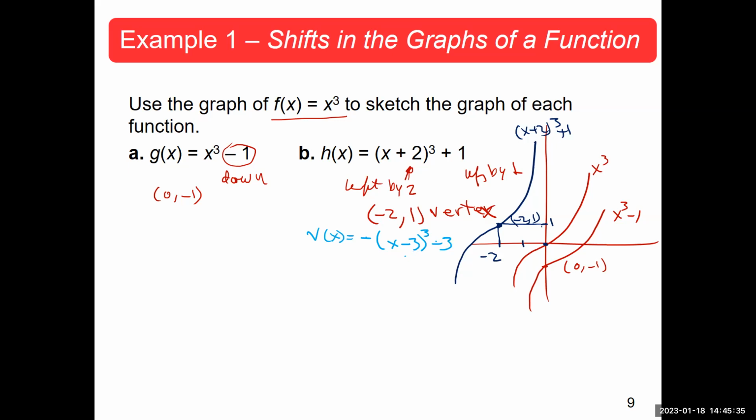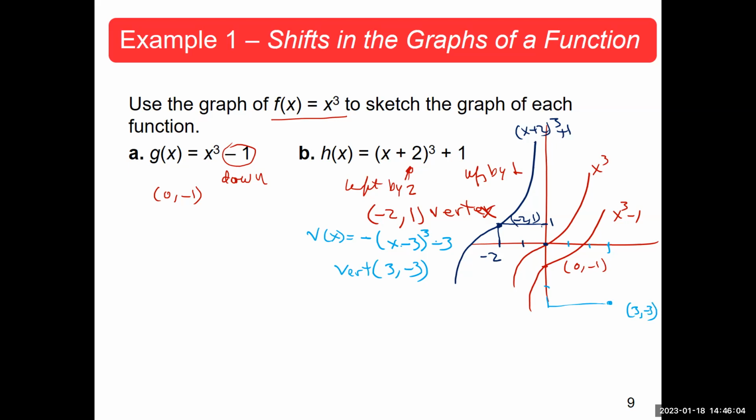So where is the vertex? Because this is x minus 3, we're going right, at 3 comma negative 3. That's the vertex. So 1, 2, and 3, 1, 2, and 3. So here is the vertex, 3 comma negative 3.